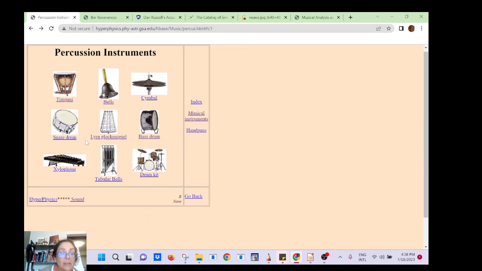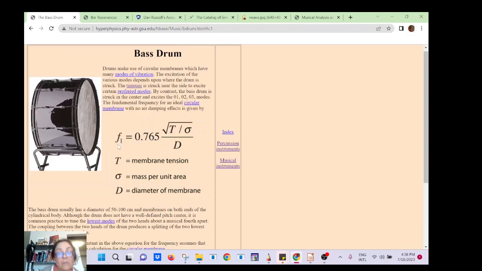So here are the examples. If I look at the drum, you see that the fundamental again is a function of the speed of the wave, and the speed of the wave depends on the restoring force and inertia. So it depends on the mass per unit area.